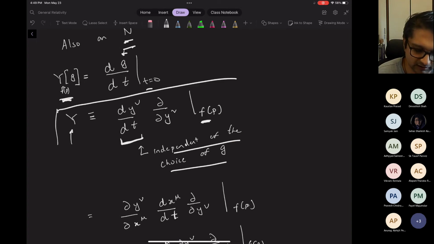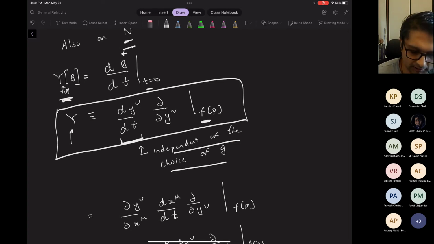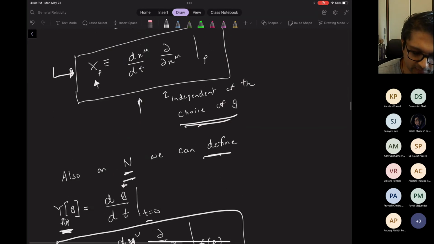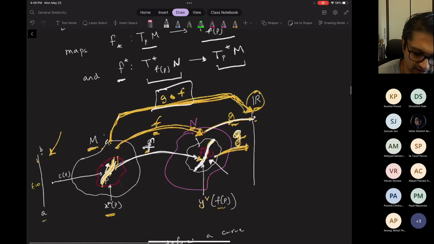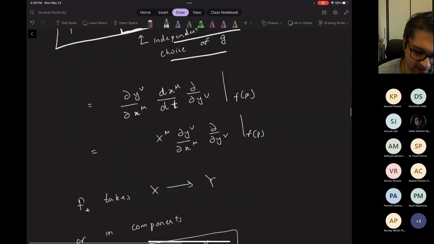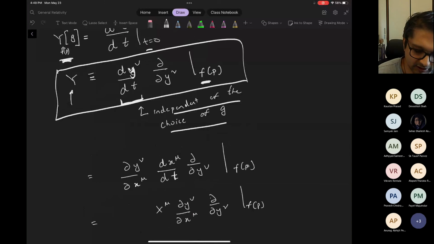So this gives me a vector. But this dy by dt is an induced map. This curve is induced by the fact that I had a curve in M and then I used F to get a curve on N. So we can write this induction of the curve explicitly. dy by dt is really a map. You should think of y as points in N along this curve.